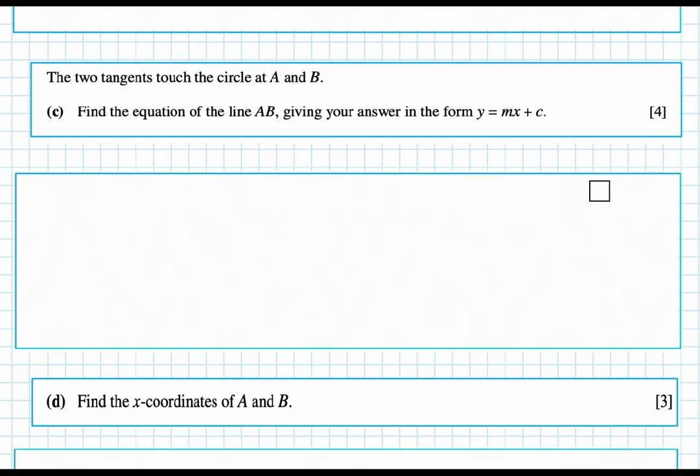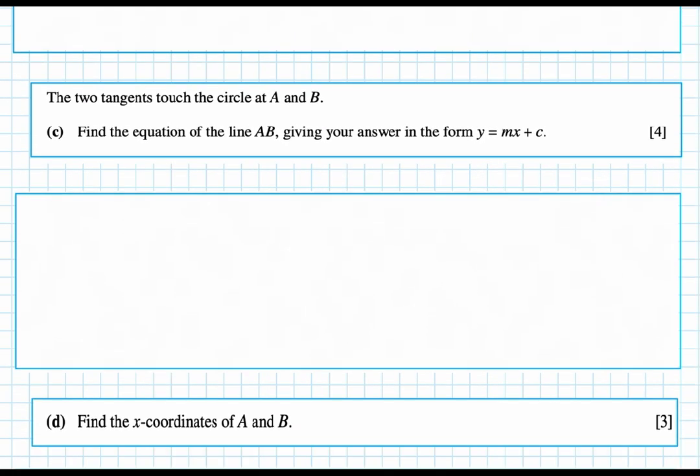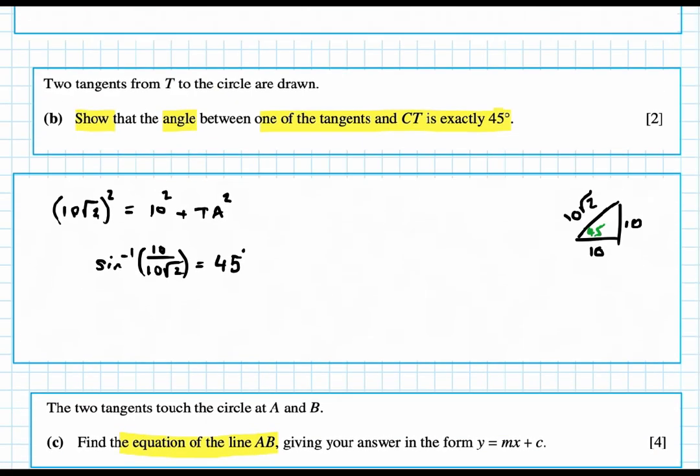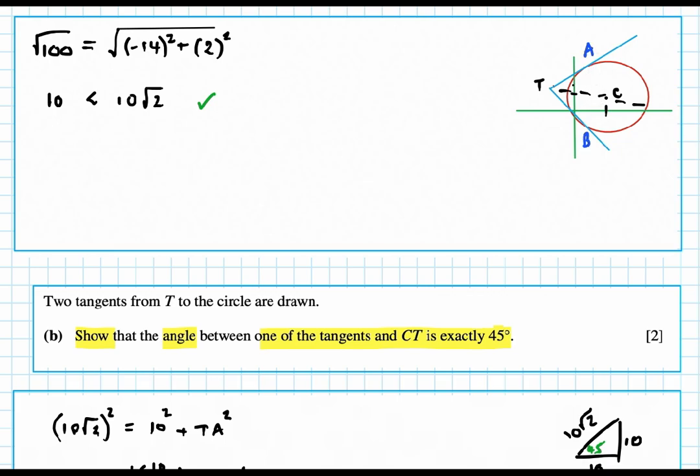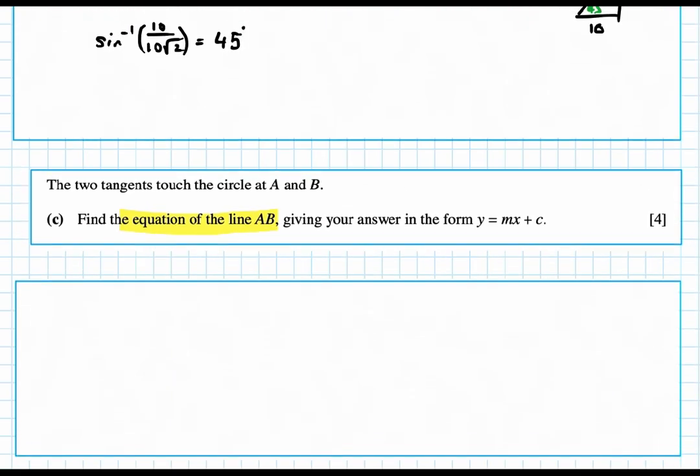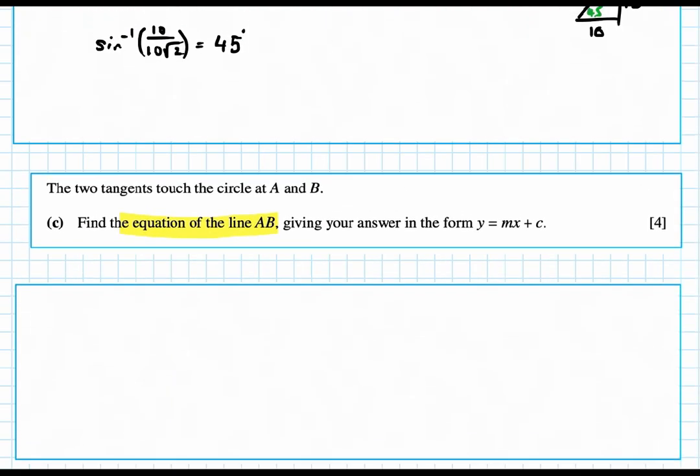Part C, we have two tangents again. We touch the circle as we said. Find the equation of the line for AB. So it'll be perpendicular to CT and put it in a certain form. So first of all, when we're finding the equation of the line, we always need to do the gradient and then use that equation of the line.